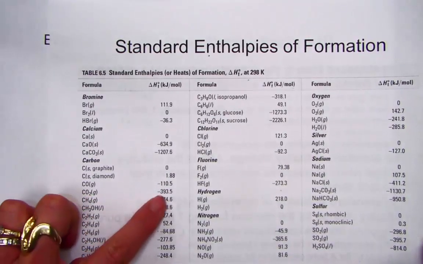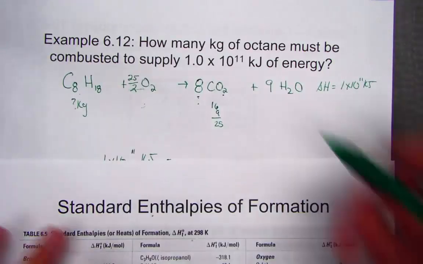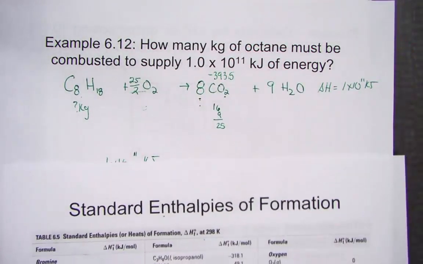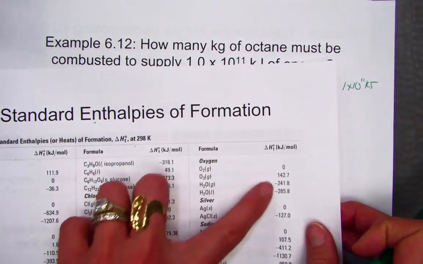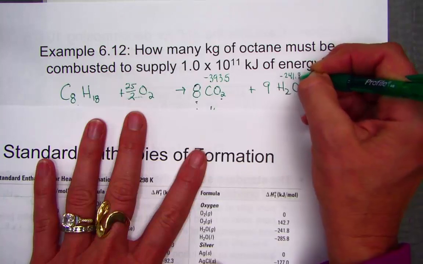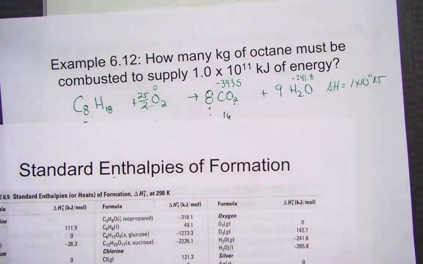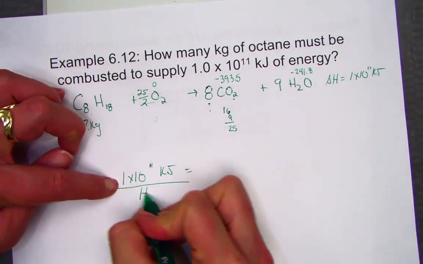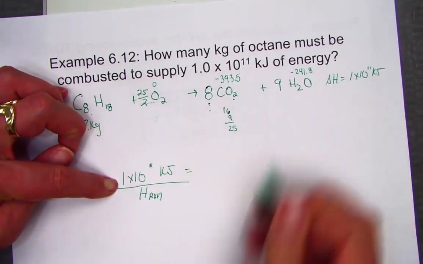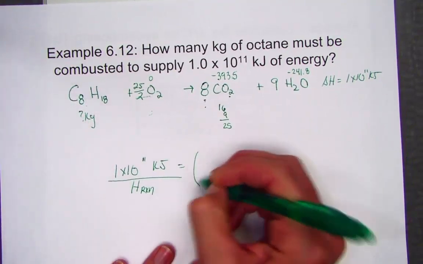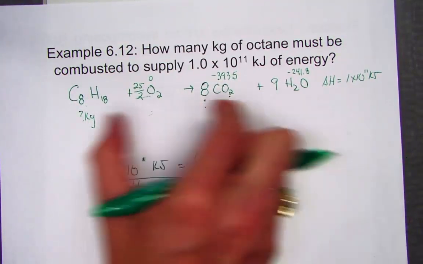Carbon dioxide, looking up CO2 as a gas, negative 393.5. And again, a combustion, water will come out as a vapor. I'll use negative 241.8. Oxygen's heat of formation in its natural state is 0. So if this is the whole heat of reaction, that's our target, 1 times 10 to the 11th kJs. And that was found by taking the sum of the products minus reactants.